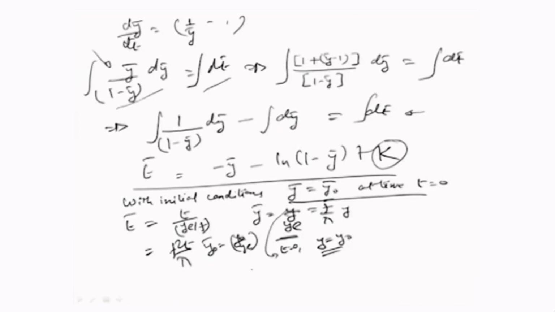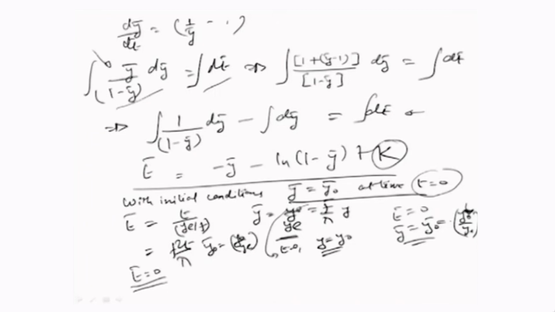So, we can assume that at time t equal to 0, when y was y 0 and y dash becomes y dash 0, the time t equal to 0 would also correspond to t dash equal to 0, okay. So, typically when we are saying at time instance 0, t dash is 0 and y dash is y 0 dash, which is y 0 by ye. At some particular beginning time of the process, this becomes just a ratio of y 0 with respect to the equilibrium gap. So, we put these values here.